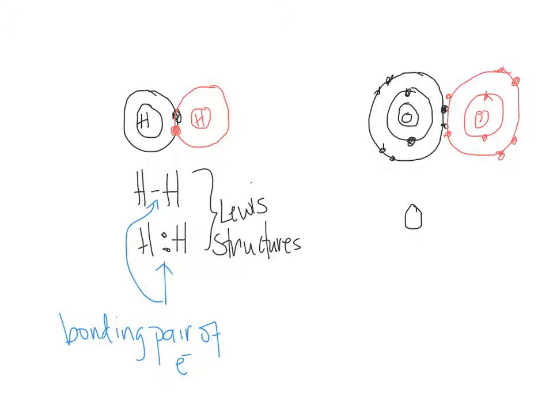What you can do is you write down your element symbols. How many electrons are shared between the 2 of them? 4. 2 pairs of 2, so 4.